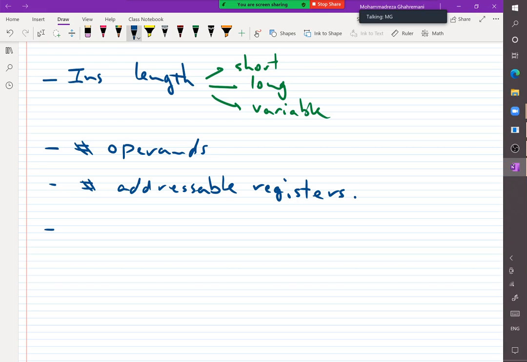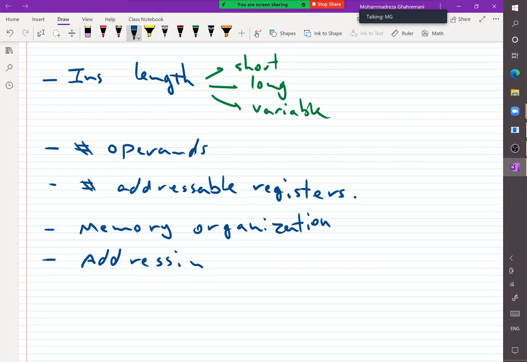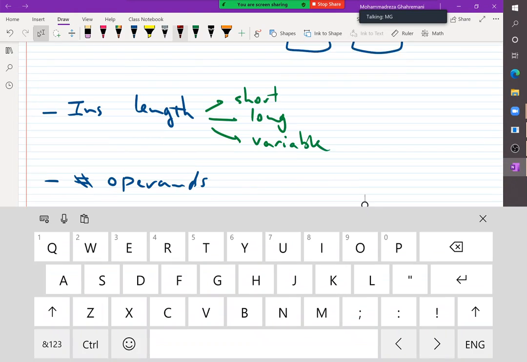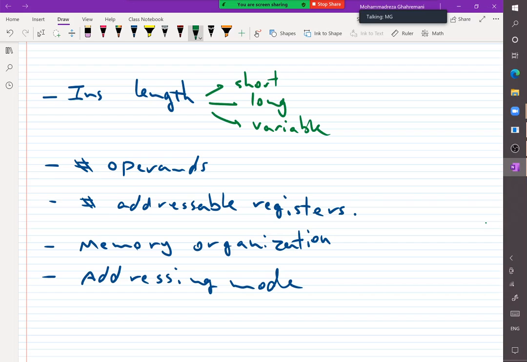We need to give consideration to memory organization. And finally, addressing mode, which we are going to discuss all of them one by one. Okay, so these are the considerations for designing an instruction.